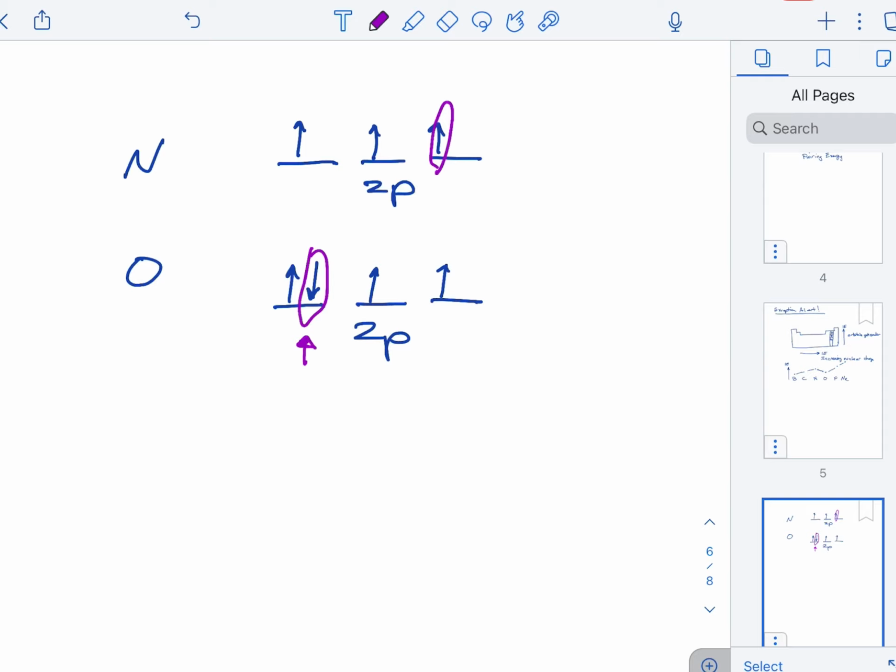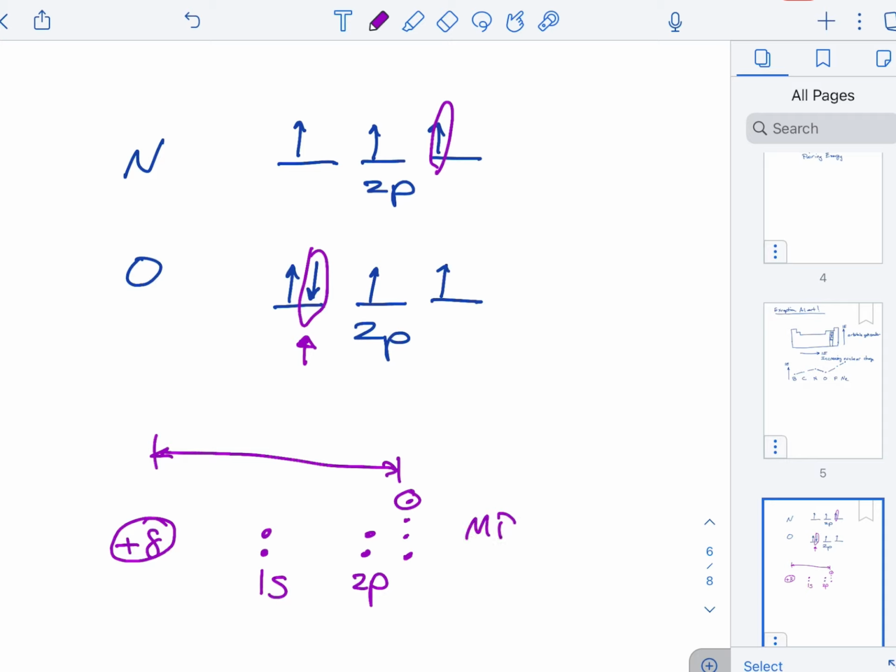Normally we'd be thinking for oxygen in terms of our most probable distance diagrams. This is what we would look at for oxygen. And normally you'd think just about the +8 charge of the nucleus interacting with the -1 charge of that final electron. But it turns out there's an added repulsion that we're not considering in our most probable distance diagrams.